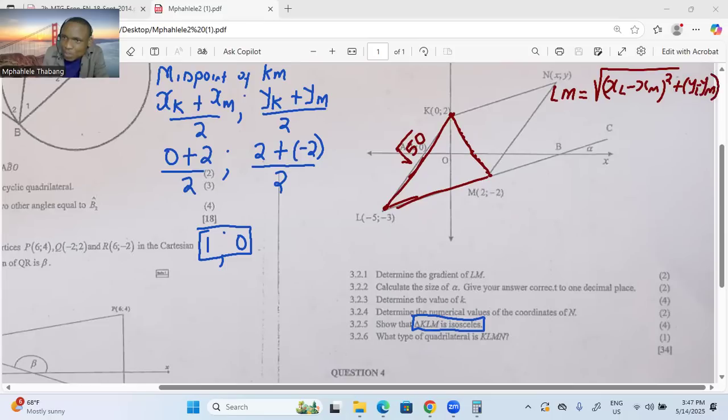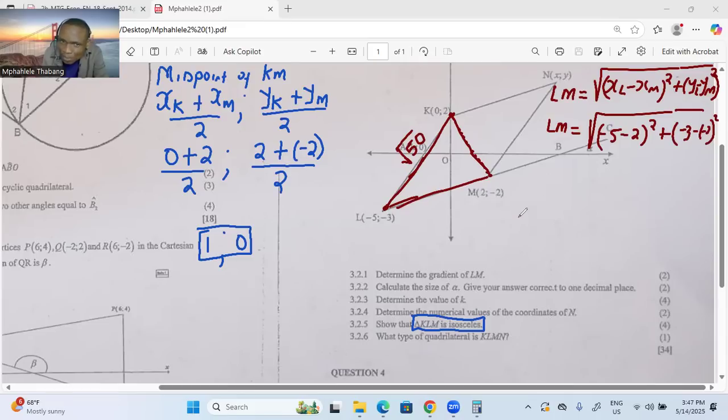I'm running short of space, sorry for that. x at L is minus 5, x at M is 2, y at L is minus 3, y at M is negative 2, so it's minus minus 2.